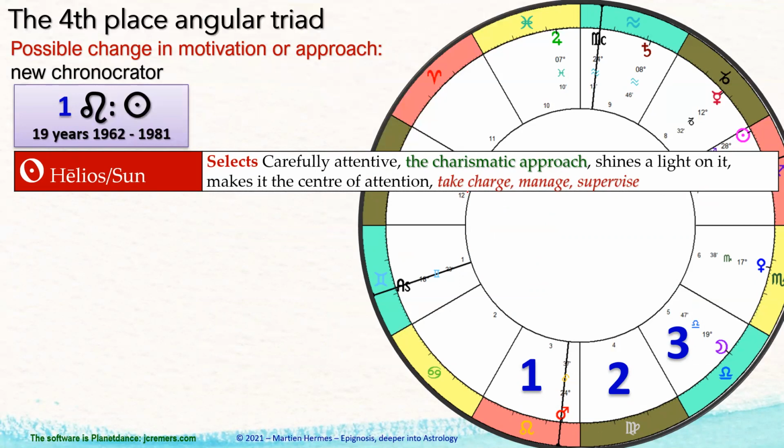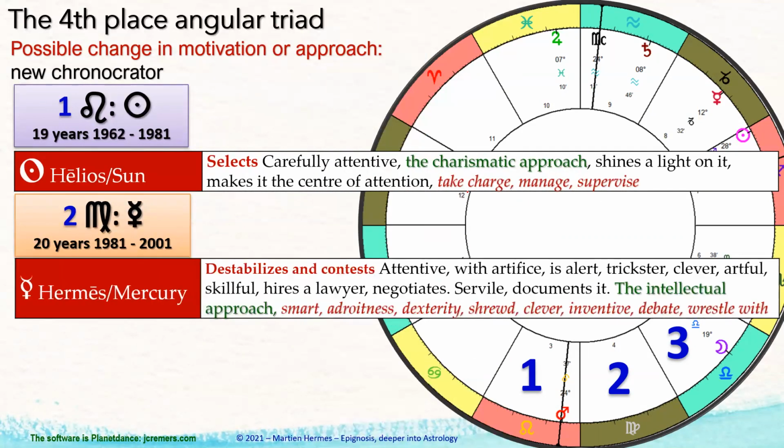And we can differentiate that by the first period, because then the sun rules it. And the second one is Mercury, because it rules the second period of this triad. Well, Mercury destabilizes and contests. He's the intellectual approach, smart, adroitness, but also debating and wrestling with stuff.